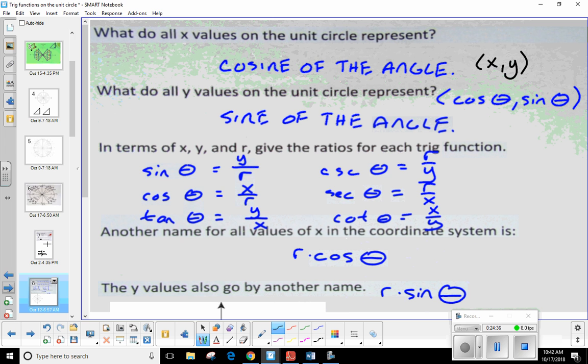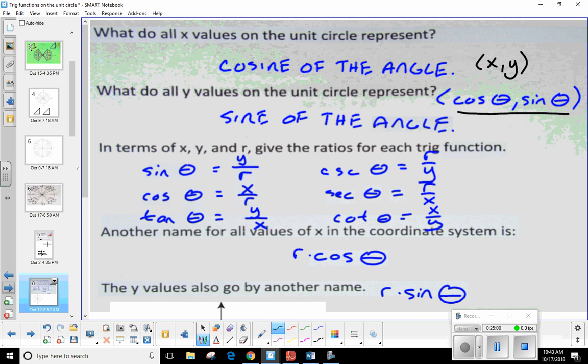Well, what I'm telling you is that with the unit circle, x is going to be cosine. Instead of x comma y, we can say cosine comma sine. Whenever you think cosine, you think about the x value. Whenever you think sine, you think about the y value.